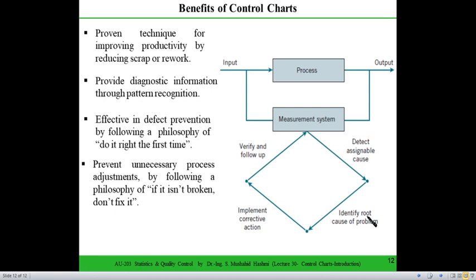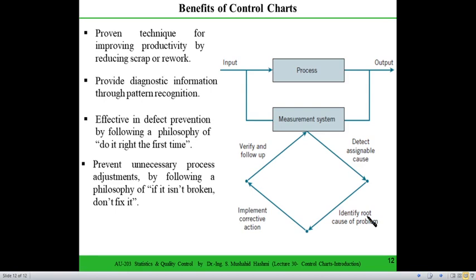This is actually a philosophy: if it is not broken, don't fix it. It means you don't need to revise your process unnecessarily, or bring changes in the process such that your output is going to vary.